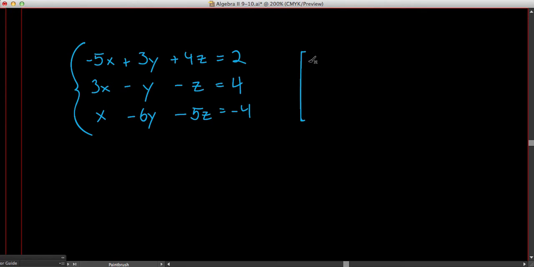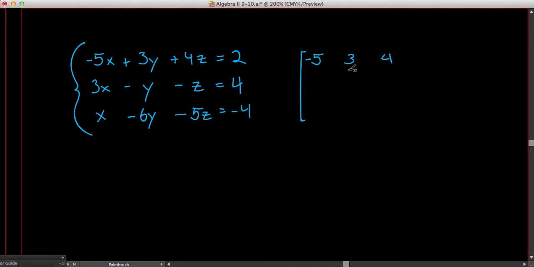I'm going from top left down, or I can go from top left across, and we'll look at the first equation first. The first equation, our coefficients are negative 5, 3, and 4. And then all of that is equal to 2, but we'll write that in a moment.